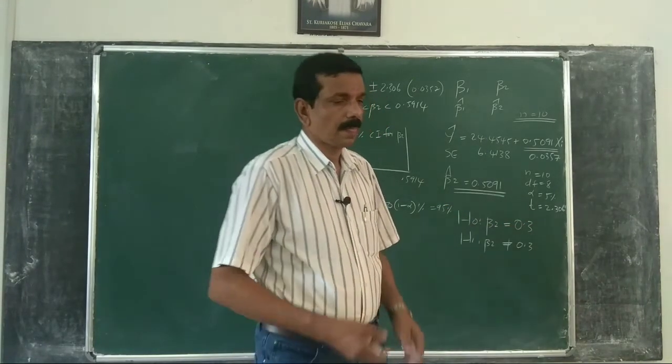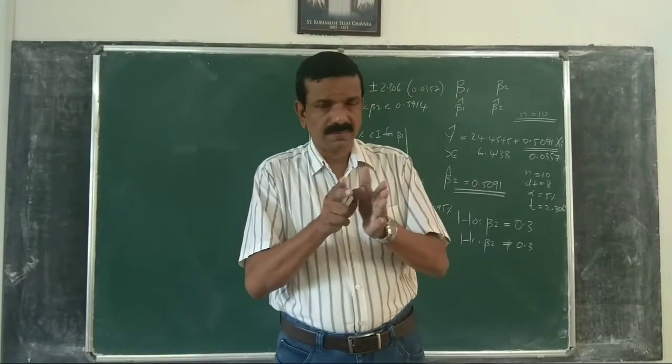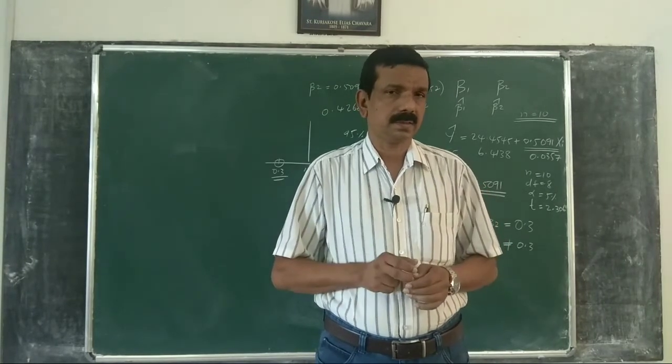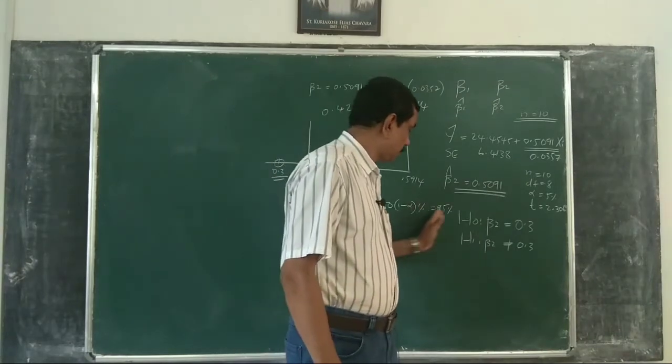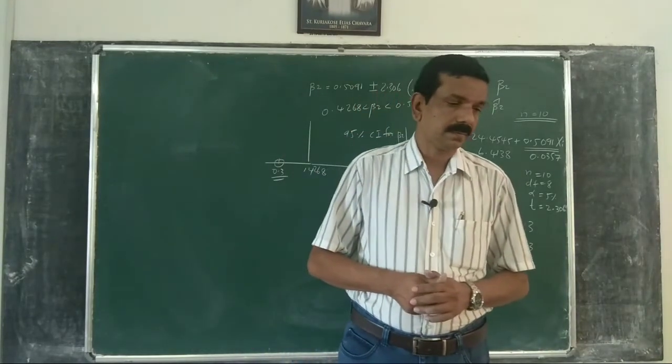So the confidence interval approach to hypothesis testing is like this. Construct a 100 times 1 minus alpha percent confidence interval for beta 2.